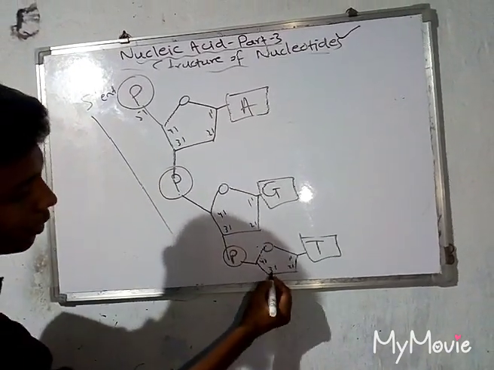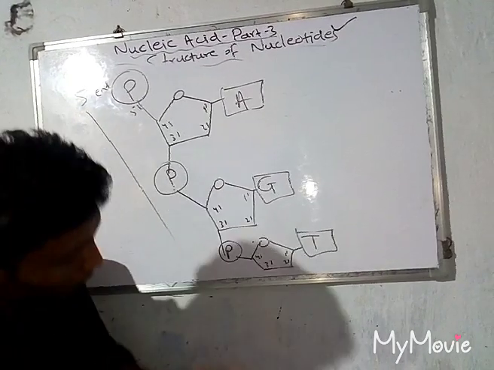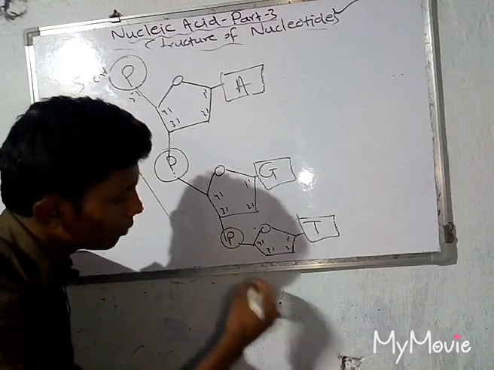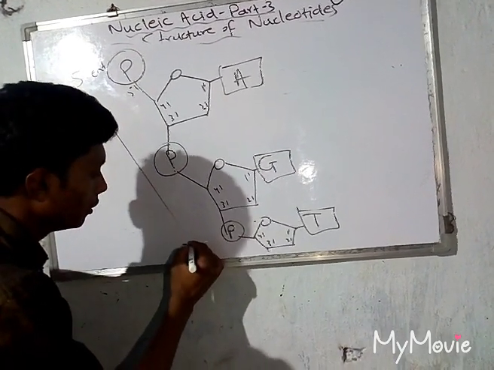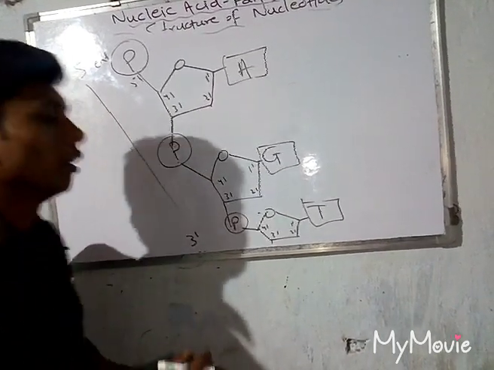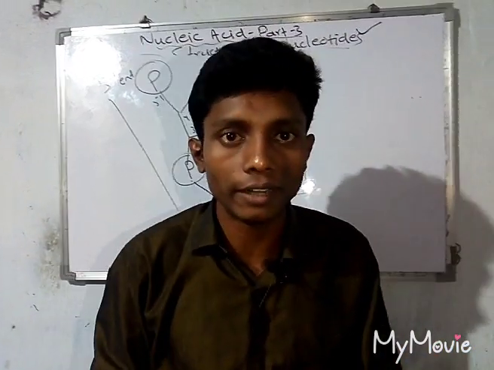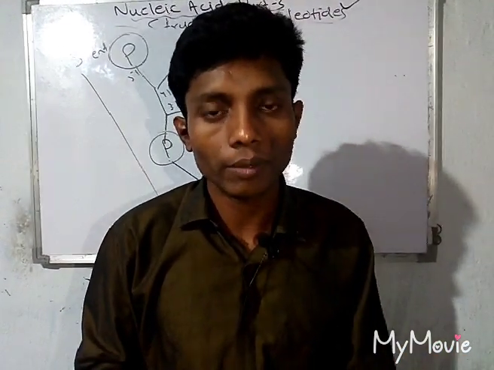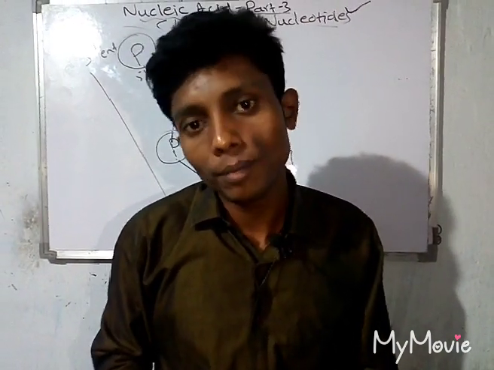Here, this is the first terminal, and there is another terminal. In this terminal, it ends with the phosphate, at 5 carbon. So this is the 5' end. And here, if there would be another phosphate group or sugar, that phosphate would be attached to the 3' end.